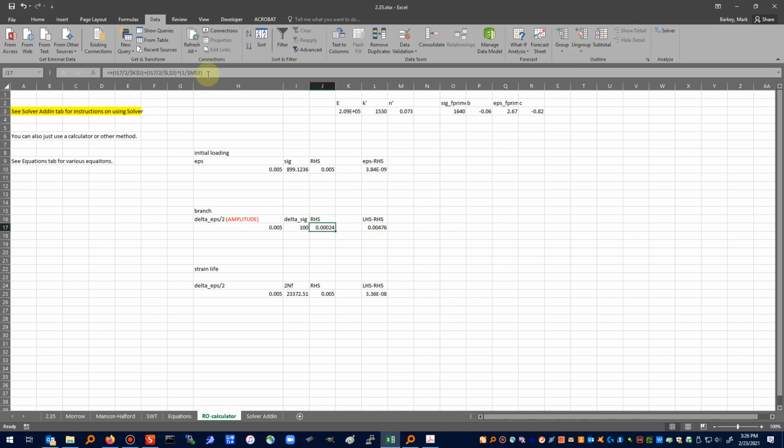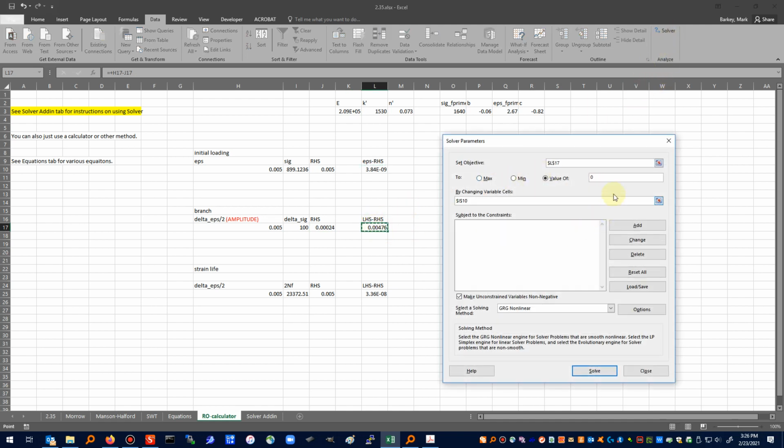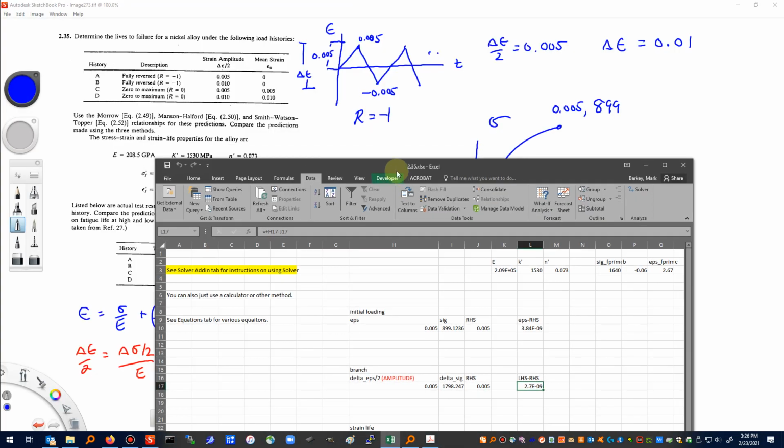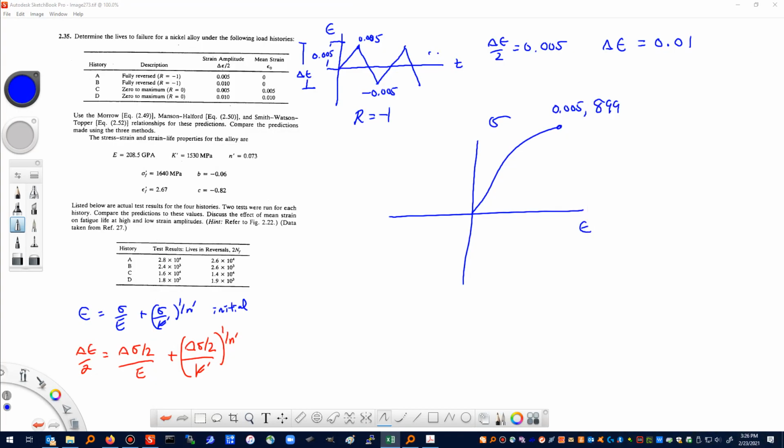Now I'm using the branch equation: delta sigma over 2 over E plus delta sigma over 2 over K prime to the 1 over N prime. I'm going to drive this cell to 0 by changing my delta sigma cell. And I got 1798. I'll talk about the error here in just a second. So I have a delta sigma of 1798.